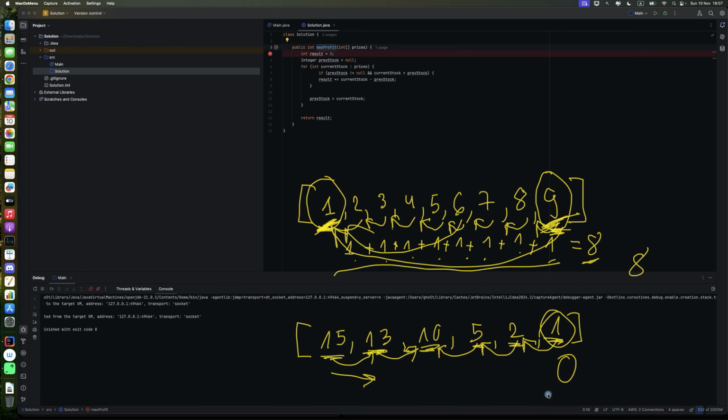So this is the greedy approach, and it is working. And think about it this way next time when you have some similar questions, similar problems.